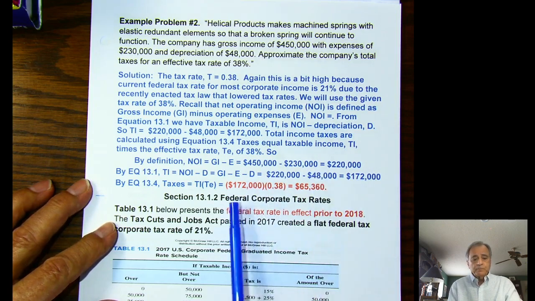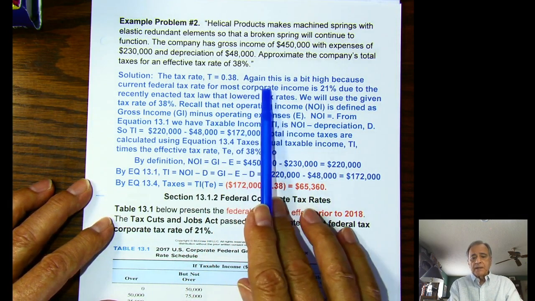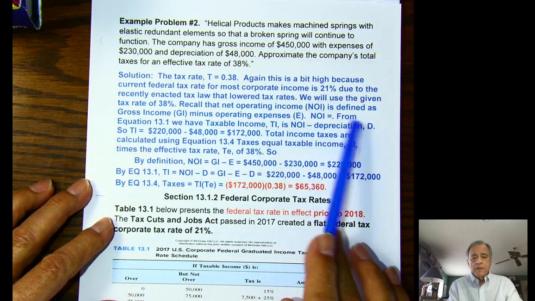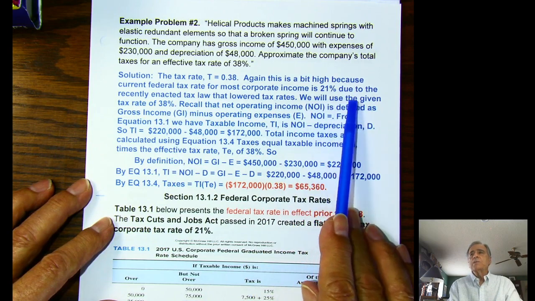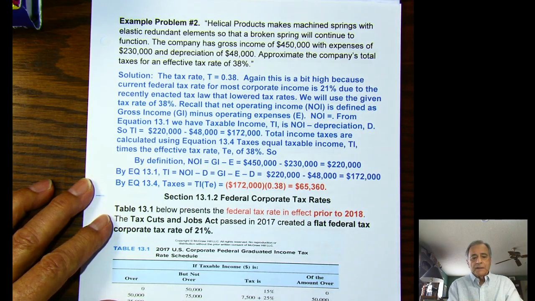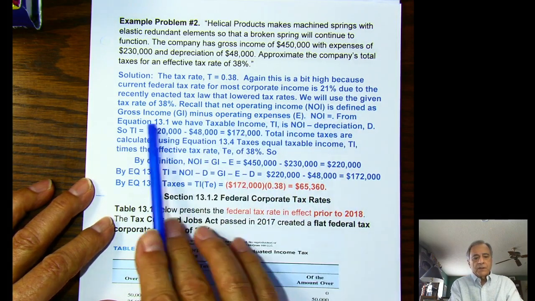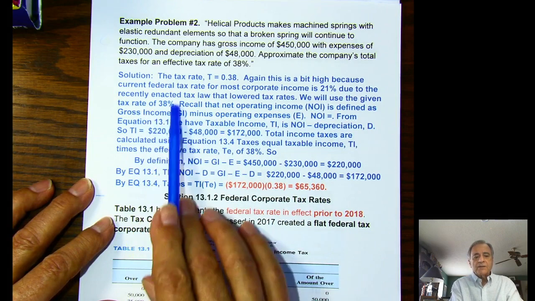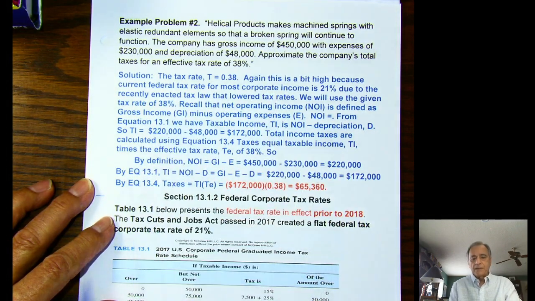So we're given that the tax rate's 38%. Again, this is a bit high. Most corporate income taxes are 21% now. Of course, that's going to change soon. We will use the given tax rate as it was given in the problem, 38%.